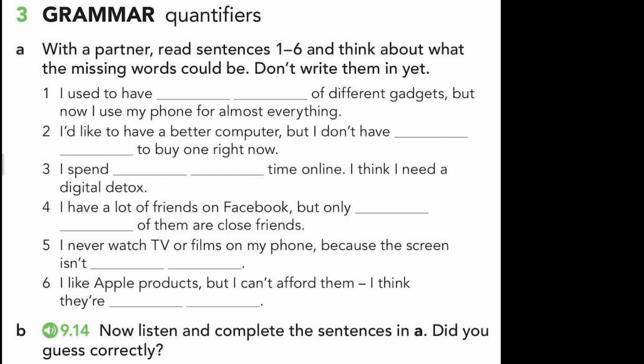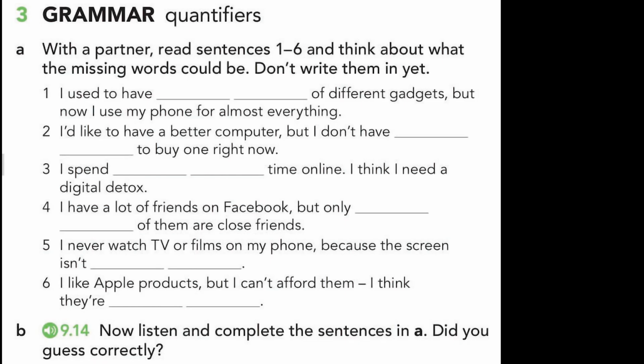9.14. 1, I used to have a lot of different gadgets, but now I use my phone for almost everything. 2, I'd like to have a better computer, but I don't have enough money to buy one right now. 3, I spend too much time online.